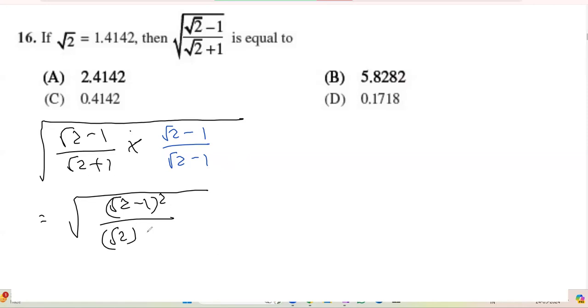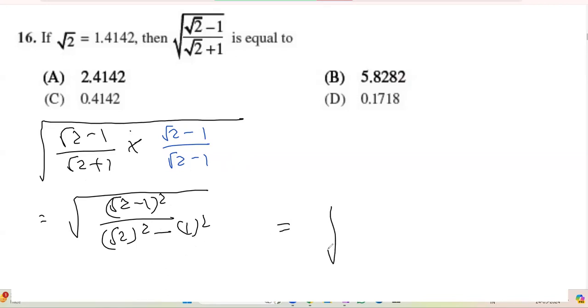That is root 2 square minus 1 square. Now what do you get here? We can clearly see root 2 minus 1 whole square. Let me write one more step like this before we simplify the denominator.